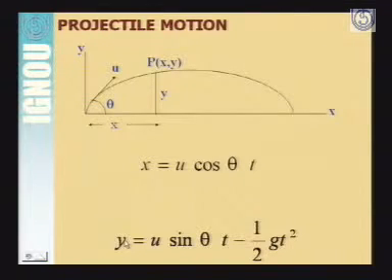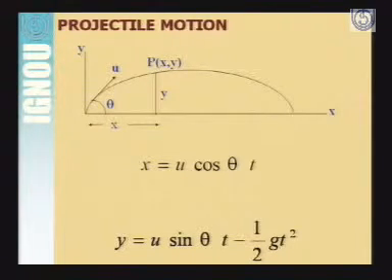So here there are two equations, and we have considered the motion of the particle in two directions. One is in the horizontal direction, where the velocity component u cos theta is constant. That's why x is equal to u cos theta into t.